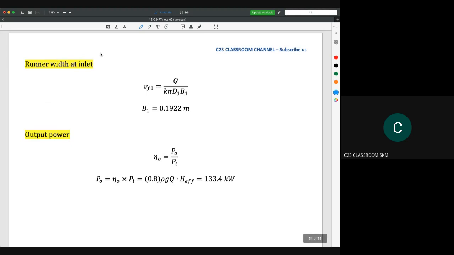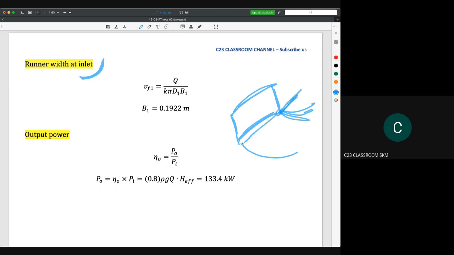Next, we are going to calculate the runner width at inlet. Please make sure that you really understand the word width here. We have a blade here, and the blade is attached on a runner. From the question, it gives us the value of the inner and outer diameter. What we need to do is calculate the width.